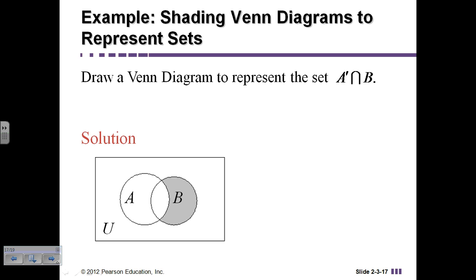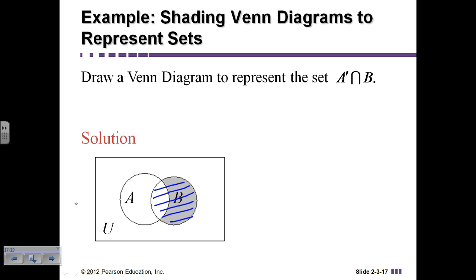So what if I said draw a Venn diagram to represent the solution set of the complement of A and B? So we're looking at the complement of A intersected with the values in B. If you'll notice in our graph down here, the values of B are all of the things in this region here. Okay, and I've got that blue stripe in there.